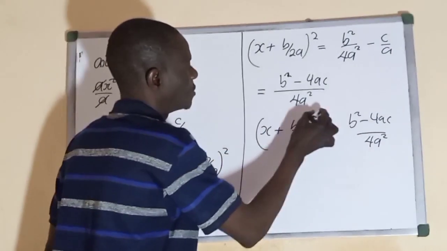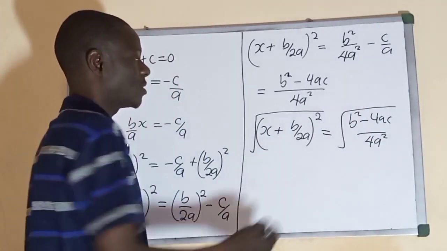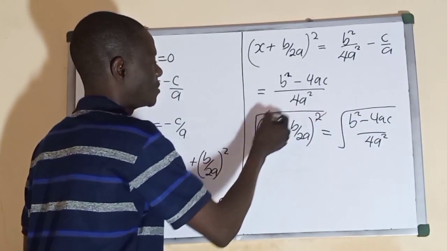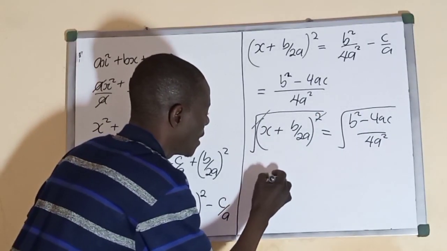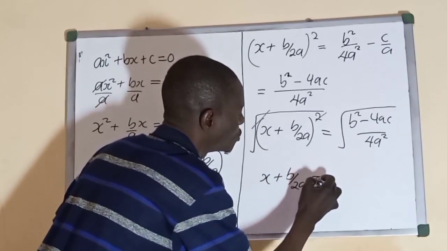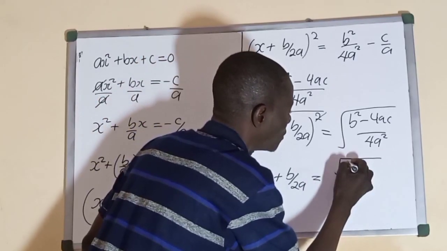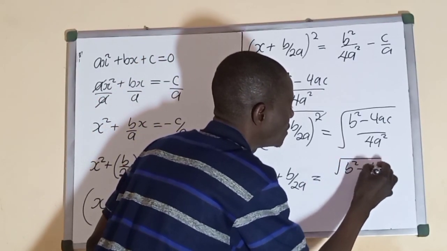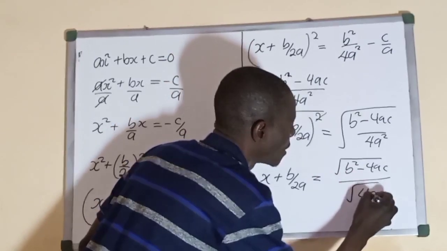By taking the square root of both sides, this square should cancel this square root. Are we together? And now here we have x plus b all over 2a is equals to root of b squared minus 4ac all over root of 4a squared.